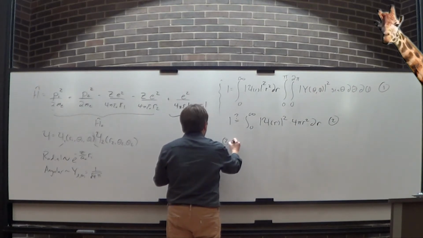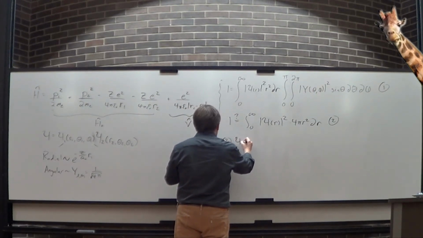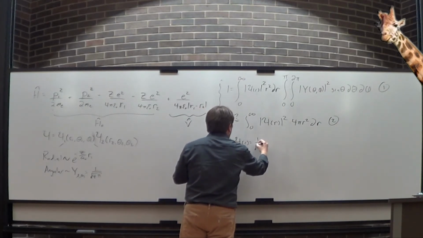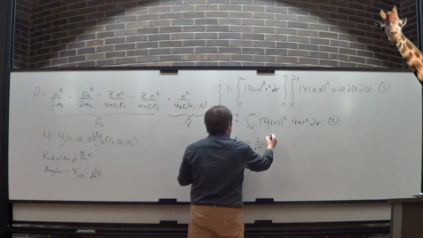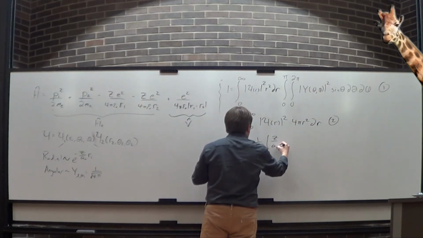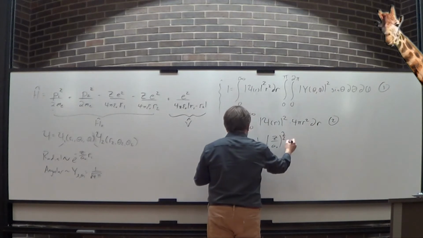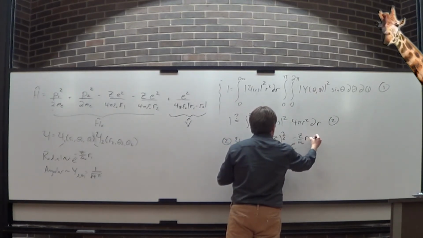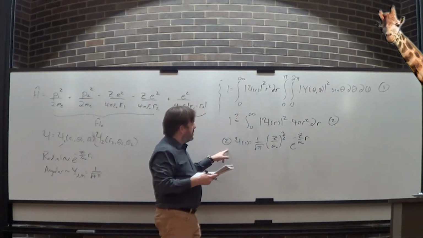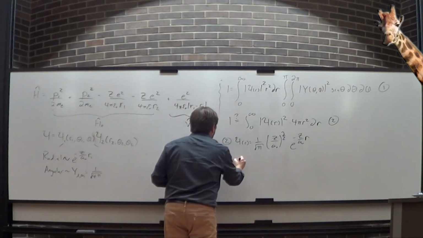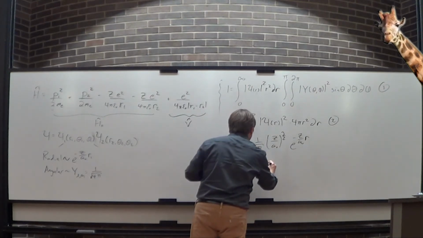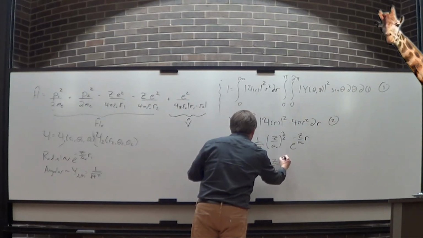See, case 2, what you get is the radial wave function is 1 over the square root of pi, Z over a naught, the Bohr radius, to the 3/2, e to the minus Z over a naught r. Okay, so in case 2, you get this, but in case 1, which is the one you really should be doing, you get a different normalization constant. Notice that you're playing games with 4 and pi.